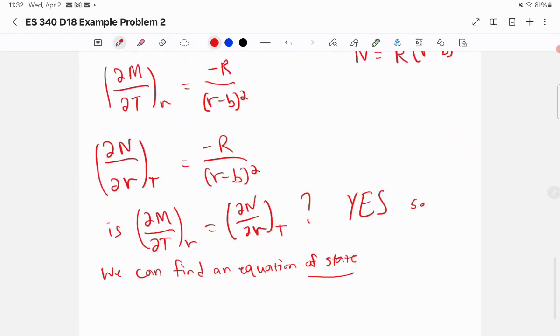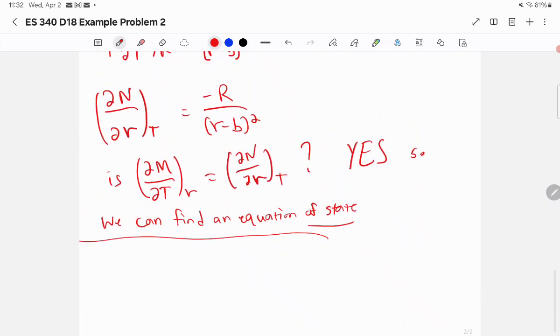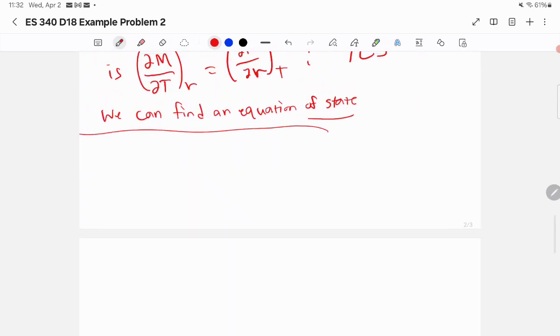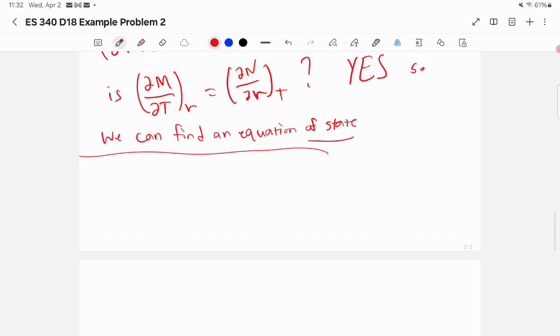Okay, so this is how we do the test for exactness. Now, the second part of this is finding the equation of state, because we know that this is one.